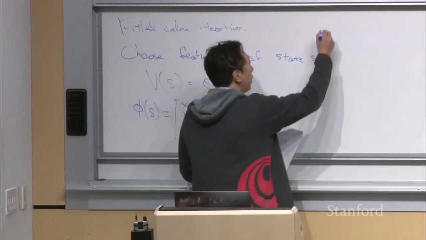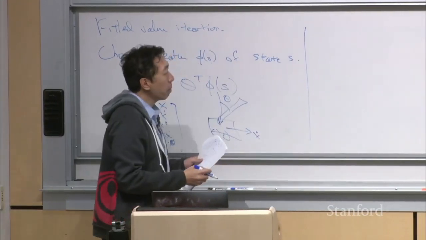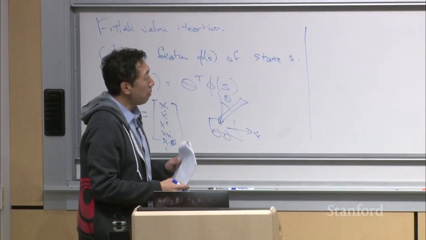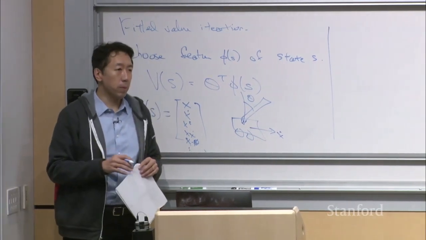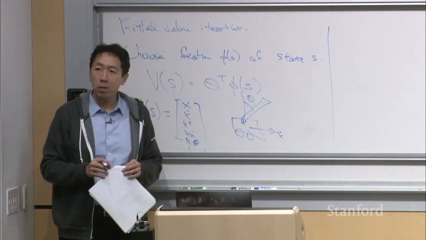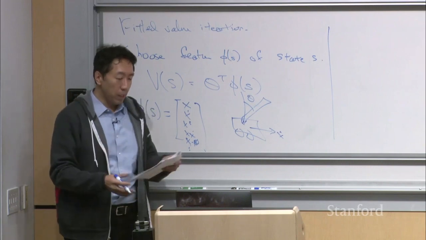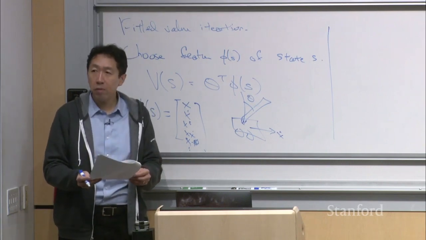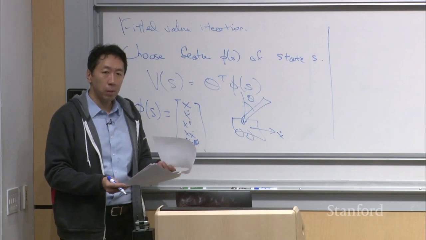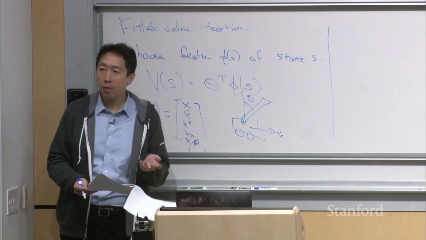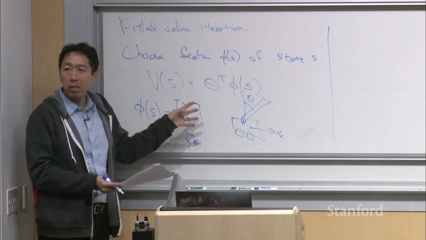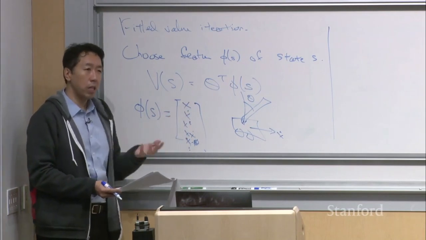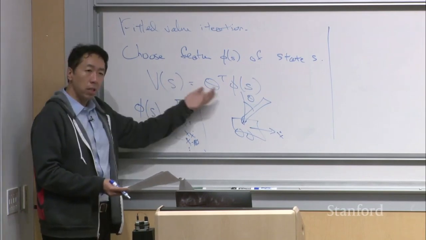And one nice thing about model-based reinforcement learning is that once you have built a model, you can collect an essentially infinite amount of data from your model. And so with a lot of data, you can usually afford to choose a larger number of features because you can generate a ton of data with which to fit this linear function.